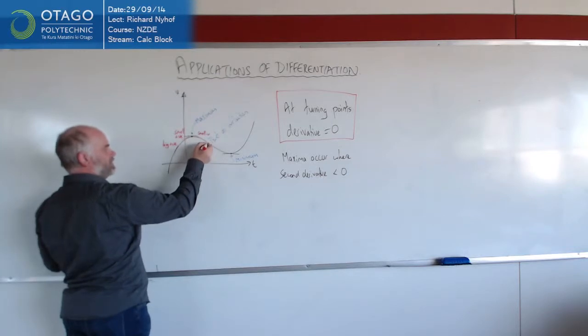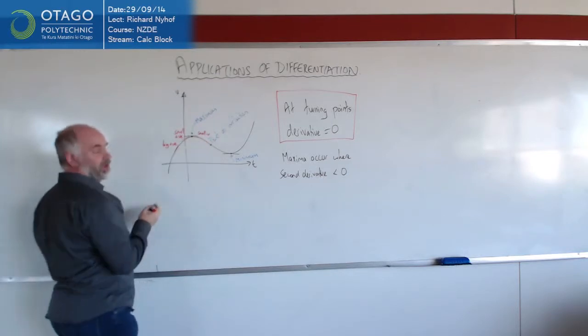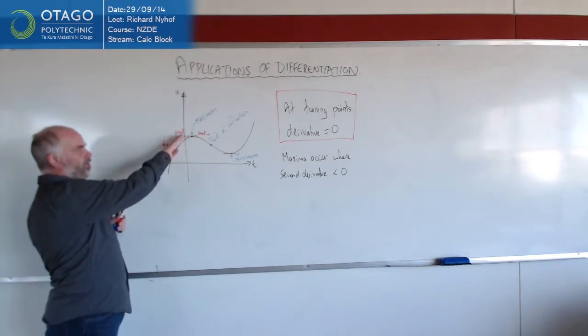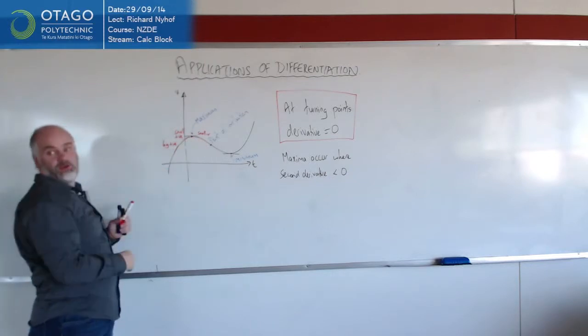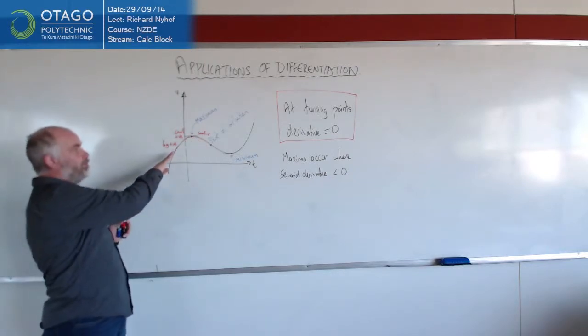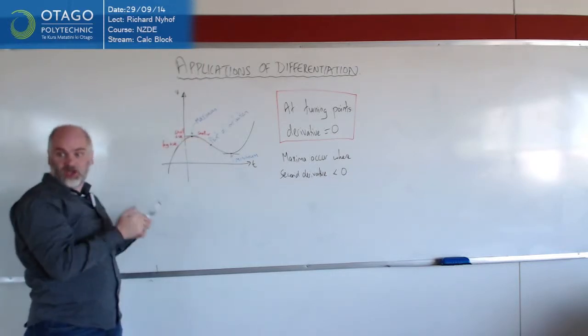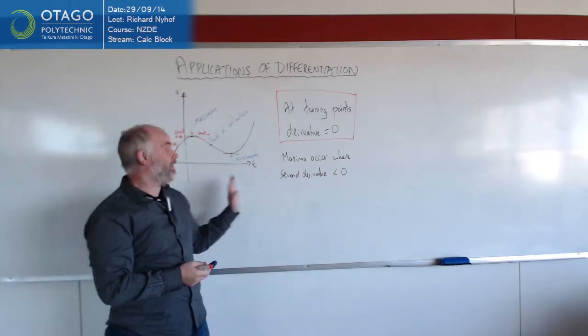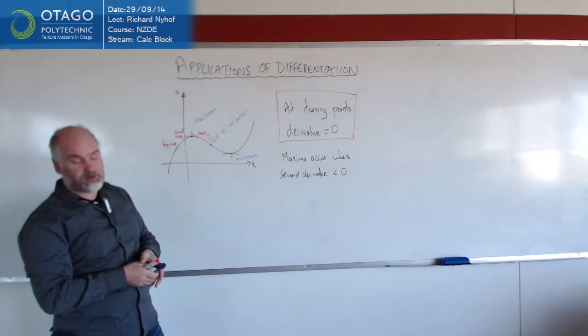And then down here, as it gets steeper, it's going to a bigger negative number. So the slope is changing from highly positive through a little bit positive, through 0, to a small amount of negative, to a lot more negative. So the slope's going from big to small. So the change of slope is negative. So the second derivative is less than 0. And that shape gives us a maxima.